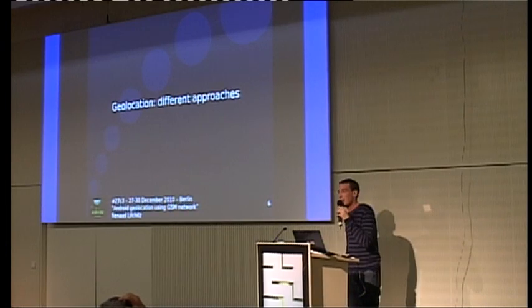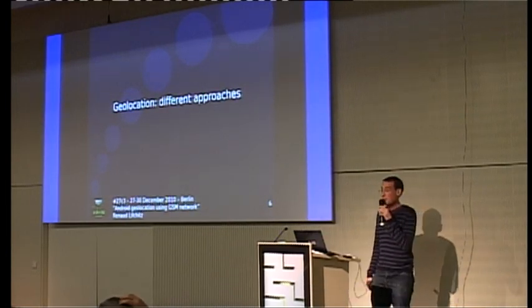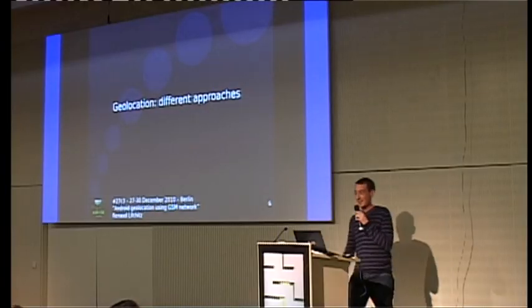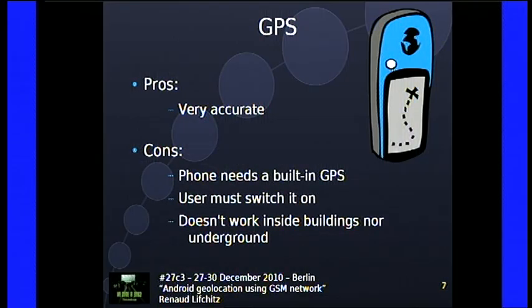Now let's talk about the geolocation, because this is far more interesting than the little introduction. To geolocate a phone, you have different ways to do that. You can use the integrated GPS you have on most phones. The GPS is very accurate. You can have a 3 or 4 meter precision with the GPS. But the problem is that you need a GPS in your phone.